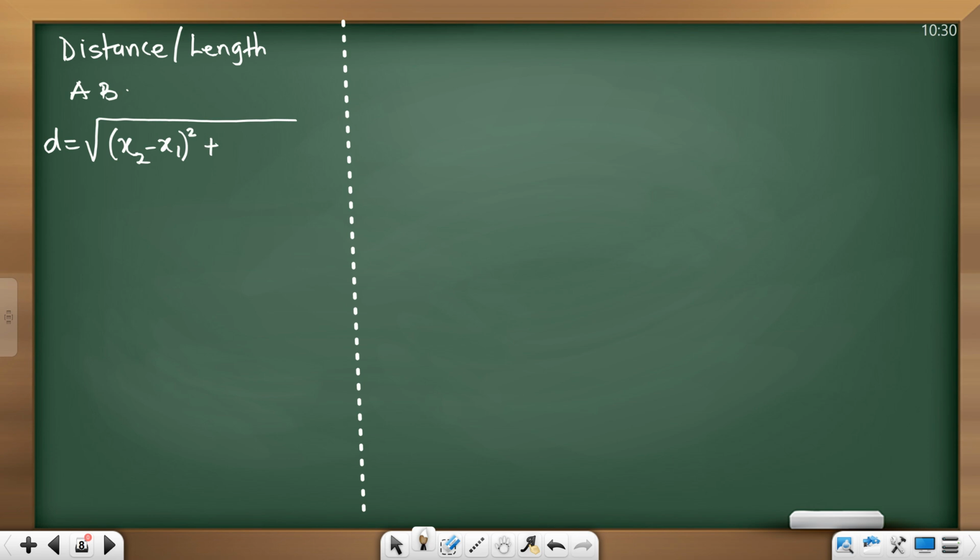Please take note of this, where the plus is. Delta x squared plus delta y squared. We just spoke about delta, now we're looking for gradients, changing y over changing x. So it's the sum.